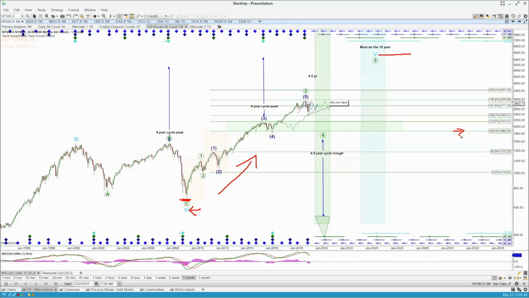If you think about previous major, very painful corrections, they've tended to halve the market. Here, we went from 1500 to 700, broadly a 50% correction. So that 1850 may well be what we see, which, from 3400 plus, is going to feel catastrophic.